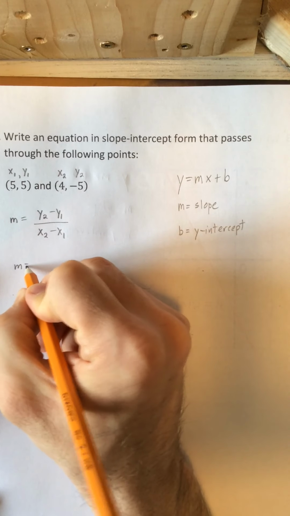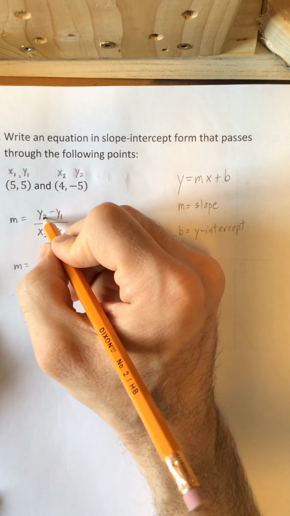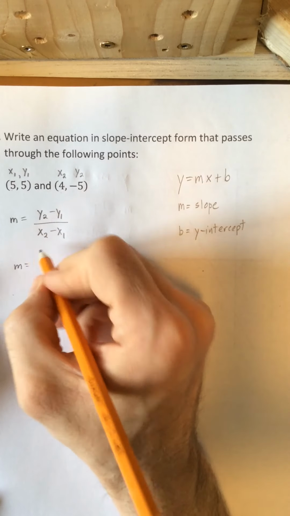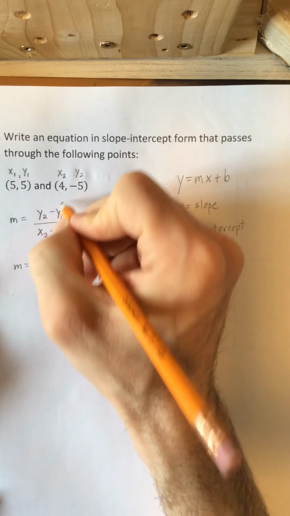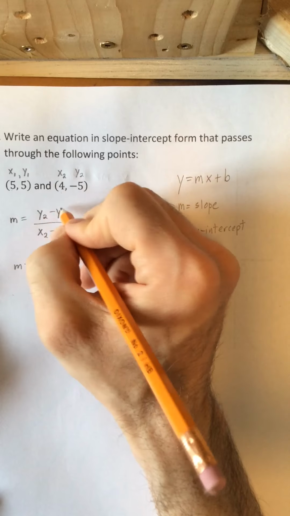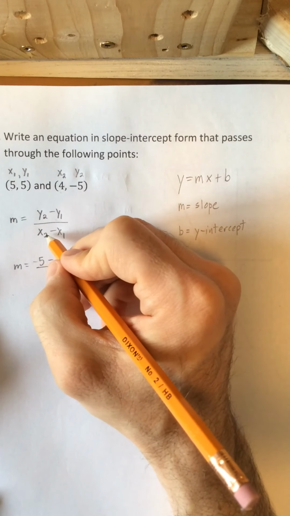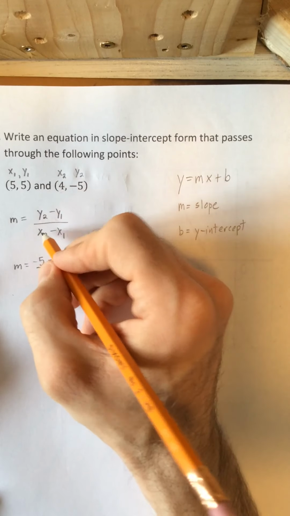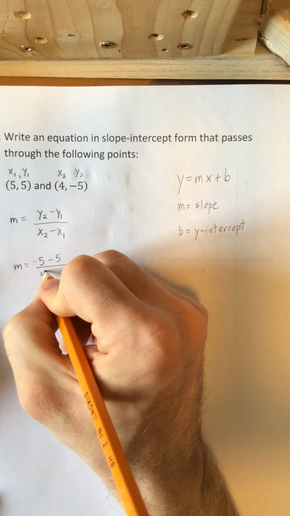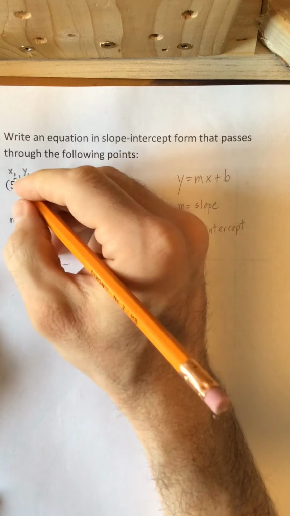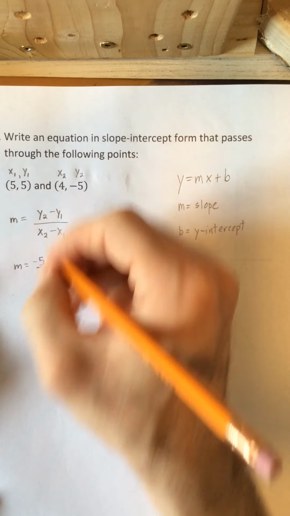Now, using this formula, we will substitute the value -5 for y2, and we'll substitute 5 for y1, and we'll divide this by the value 4, which is x2, and we will subtract the value of x1, which is 5.